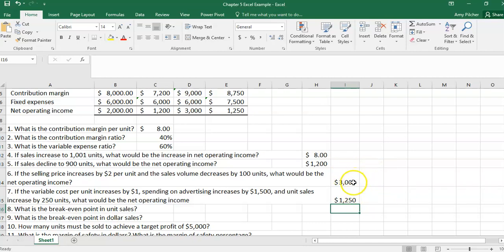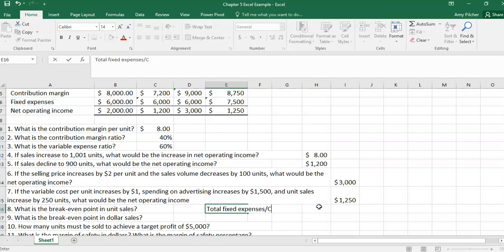So the break-even amount is total fixed expenses divided by the contribution margin. So remember that it's total fixed expenses divided by contribution margin per unit.